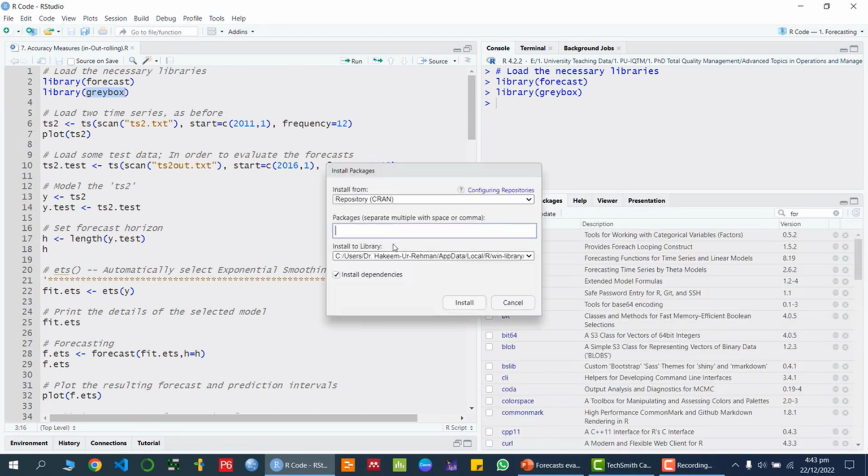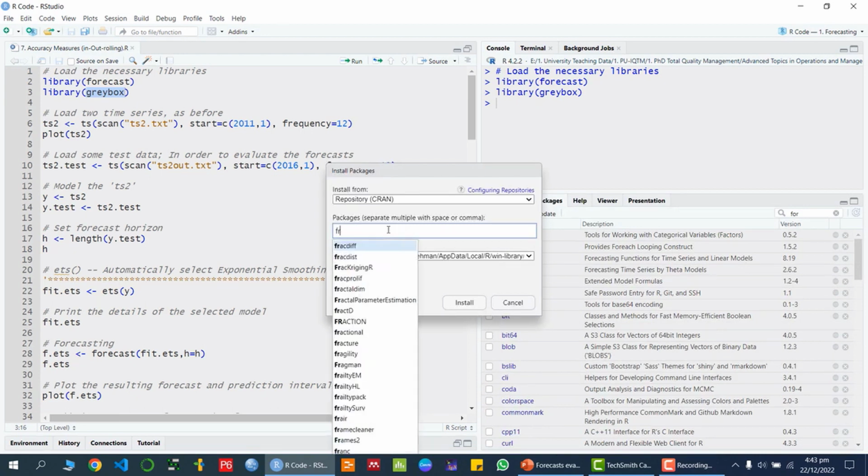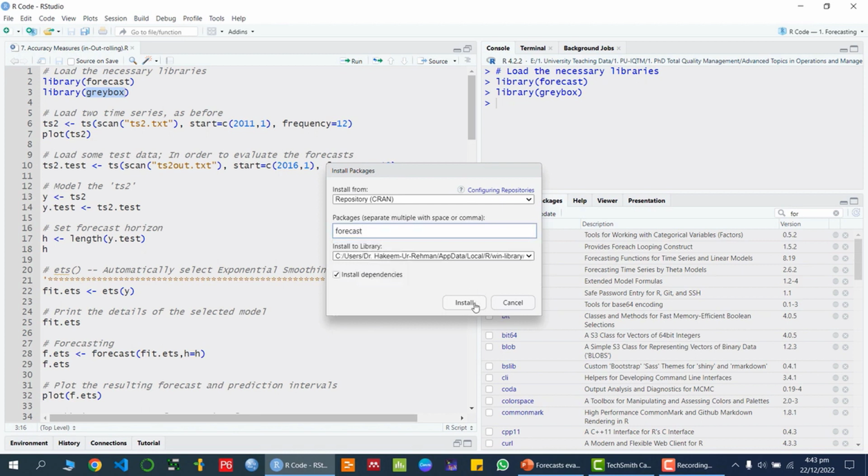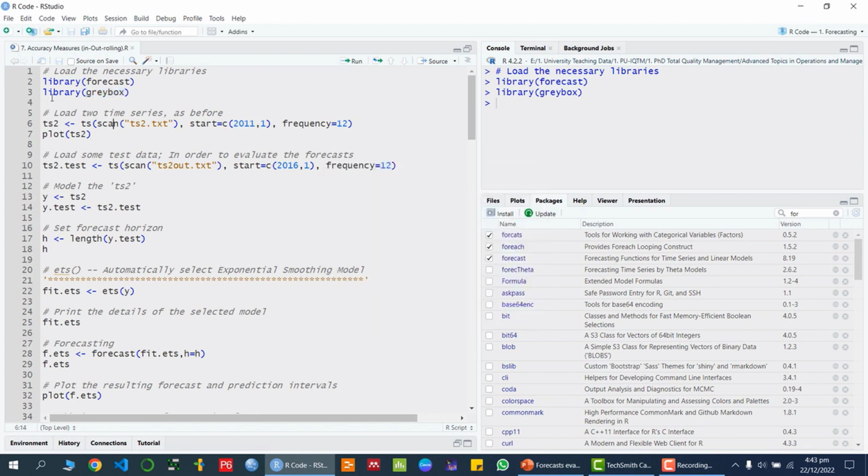You can go to Packages, click Install, and write down the name of the package, such as forecast. Make sure your computer is connected to the internet so you can install. Once the package is installed, call these two packages.